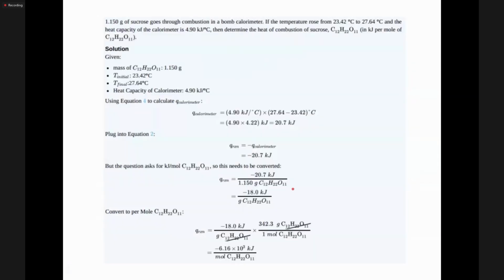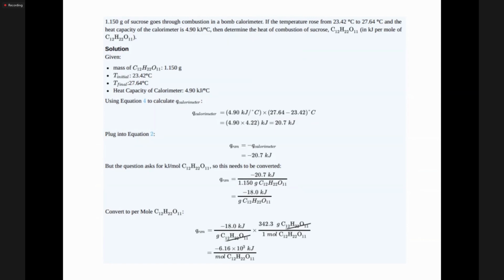We will move to the next problem, by which your understanding of the calorimeter will be easier. So we have 1.15 gram of sucrose that is going through combustion in a bomb calorimeter. Inside the bomb we are burning 1.15 gram of sucrose by simple combustion.